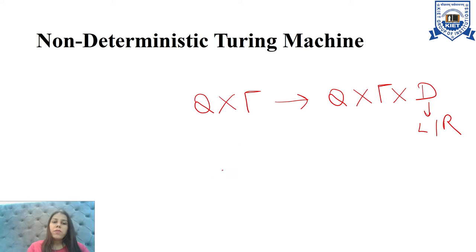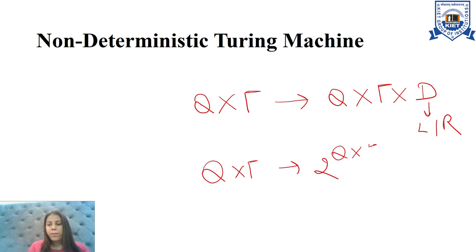However, in case of non-deterministic, we have the power set for the same. So we can have multiple movements corresponding to the set of state and the tape symbol. The same pair of state and tape symbol can have multiple moves defined.